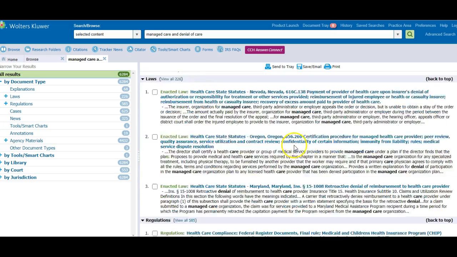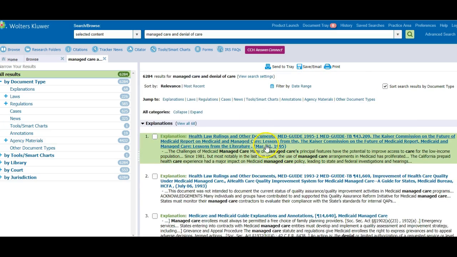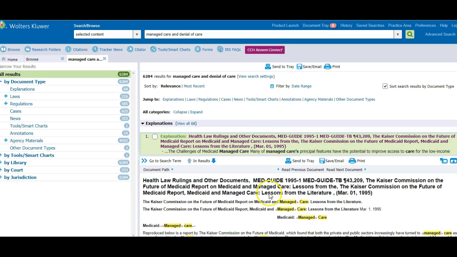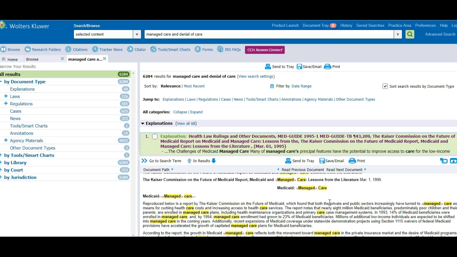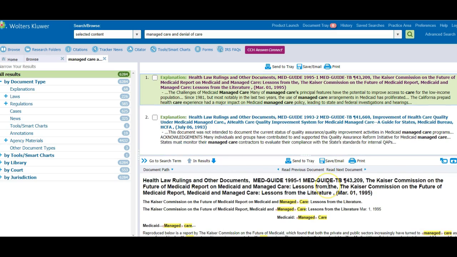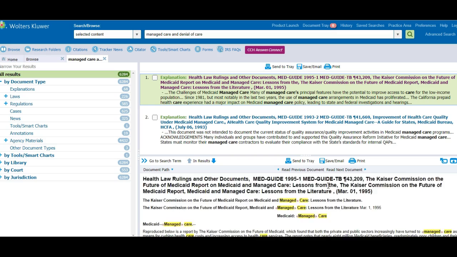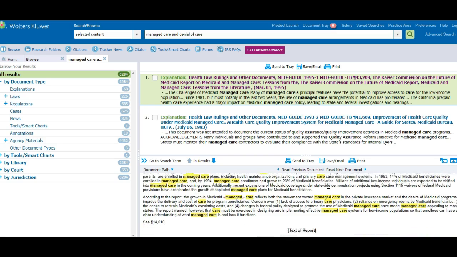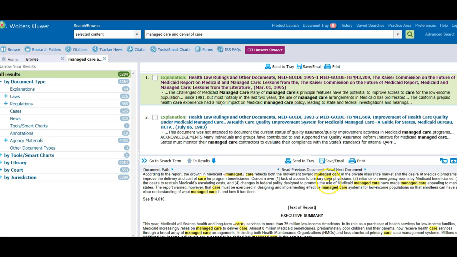And also, as I mentioned, we'll go back up to the explanation. Let's just click on the first one by way of example. And a lot of people don't like this design of CCH with the screen all divided up.